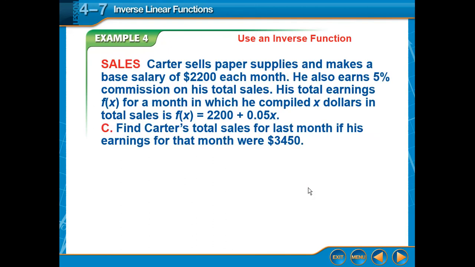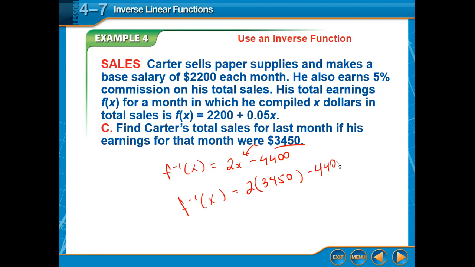So here we want to find the total sales based off of his earnings for the month. So remember our equation, f inverse of x was 2x minus 4400. So they say this is my x, I'm putting that in. So f negative 1 of x is going to be 2 times 3450 minus 4400.